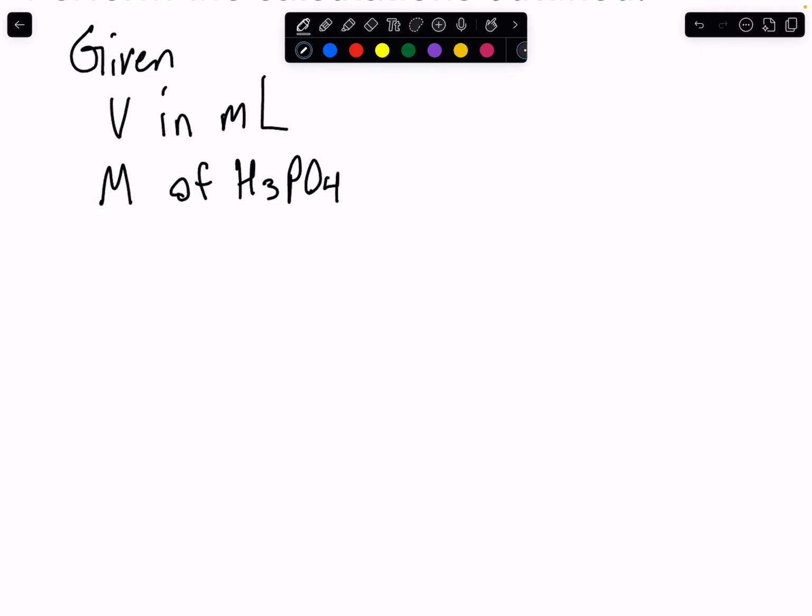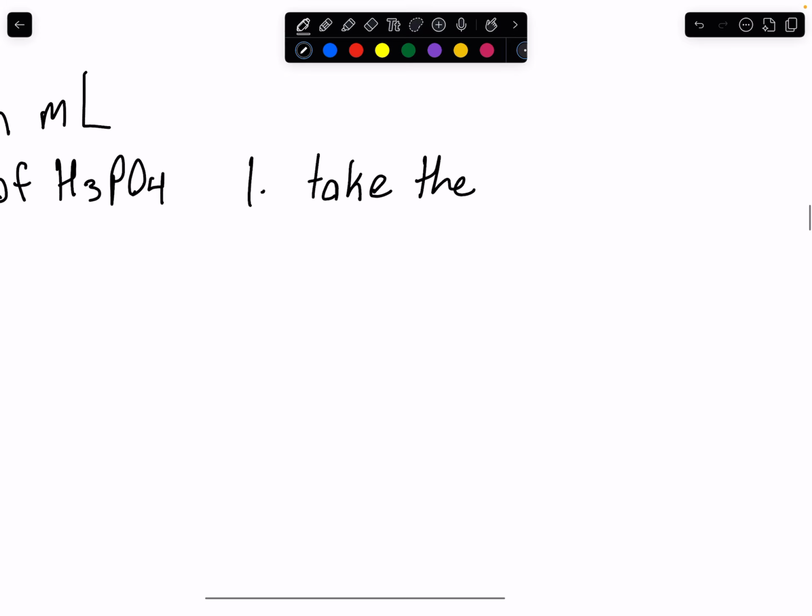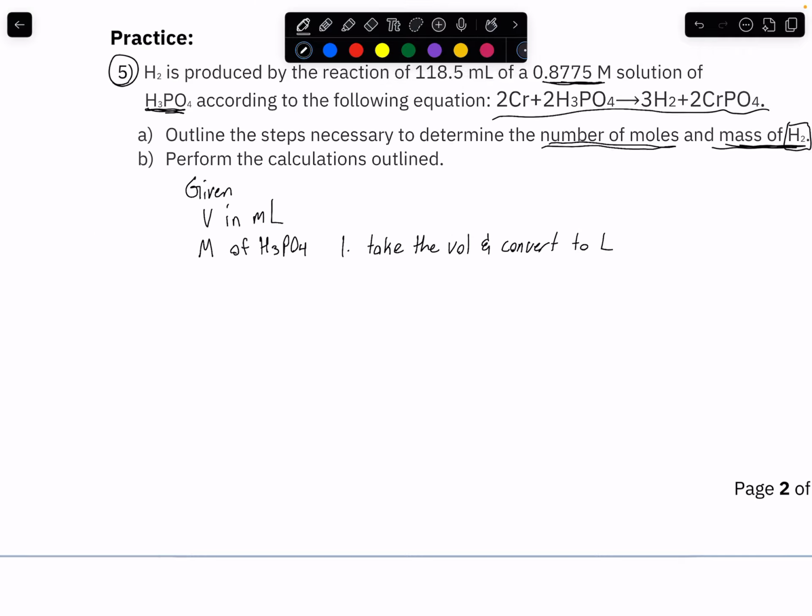So first we're going to take the volume, and I would convert it to liters.